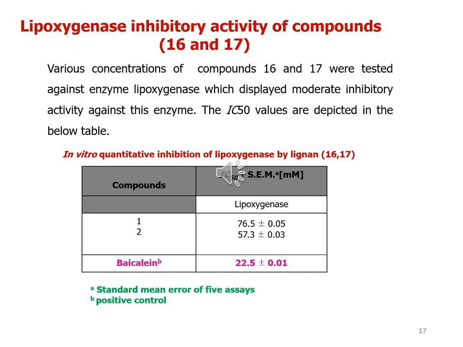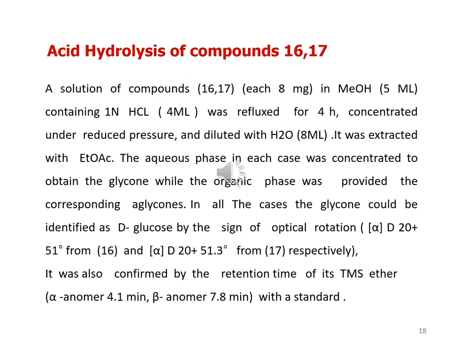The standard drug used is baicalein, and it shows an IC50 value of 22.5 ± 0.01, while compound 16 shows 76.5 and compound 17 shows 57.3 respectively. On the basis of these values, we conclude that both compounds 16 and 17 show moderate inhibitory activity against the enzyme lipoxygenase. Let's see the acid hydrolysis of compounds 16 and 17.